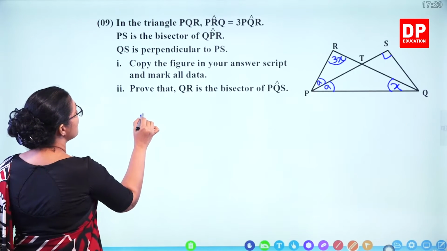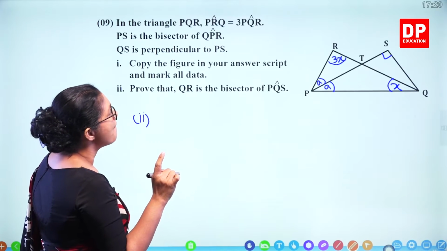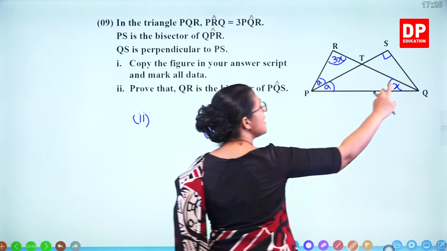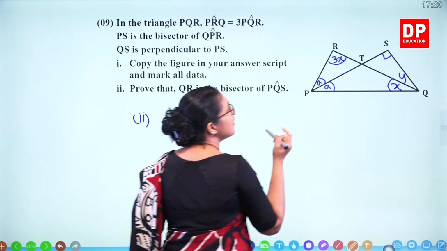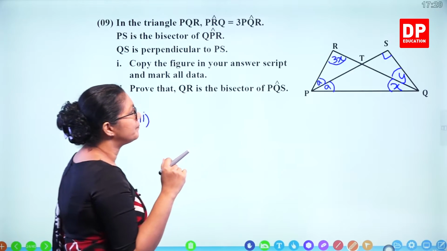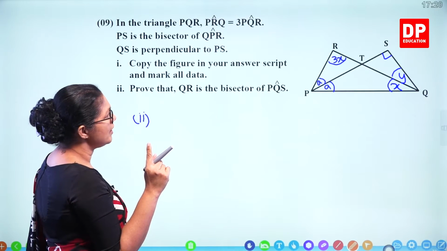And you have to prove that QR is the bisector of PQS. So that means these 2 angles are equal. We'll take Y. So you have to show that x is equal to y.